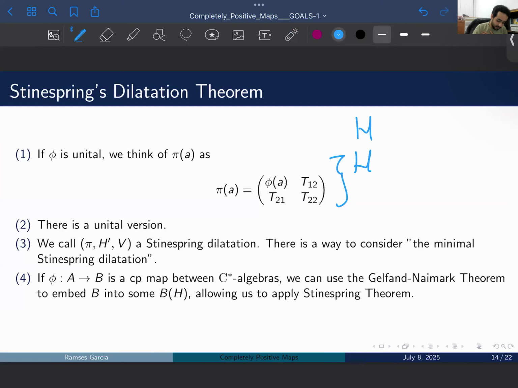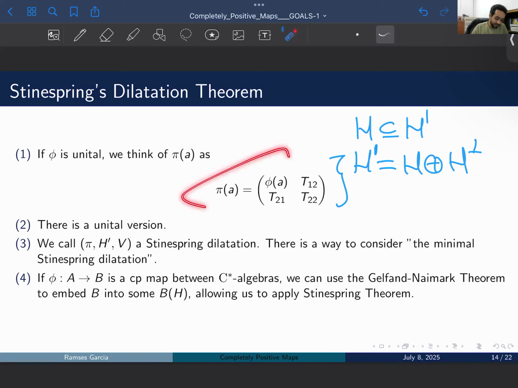H is contained in H prime as a closed subspace, and therefore we can see H prime as the direct sum of H and its orthogonal complement. And that is the reason why this theorem is called the dilatation theorem.